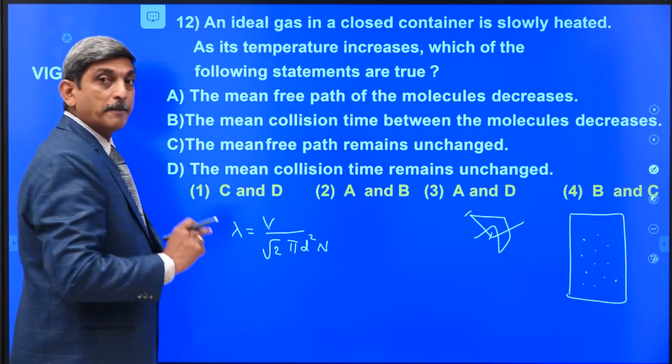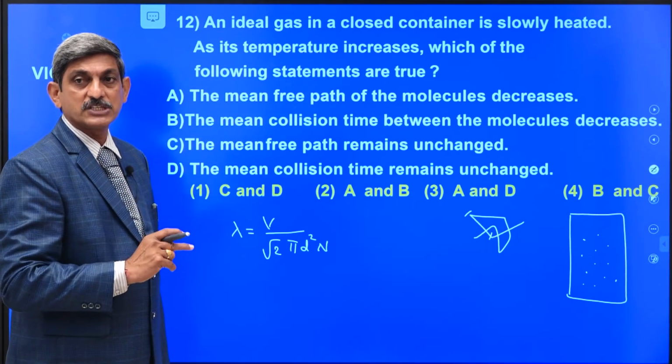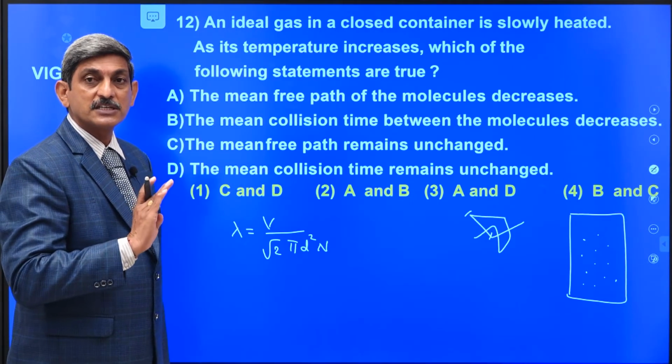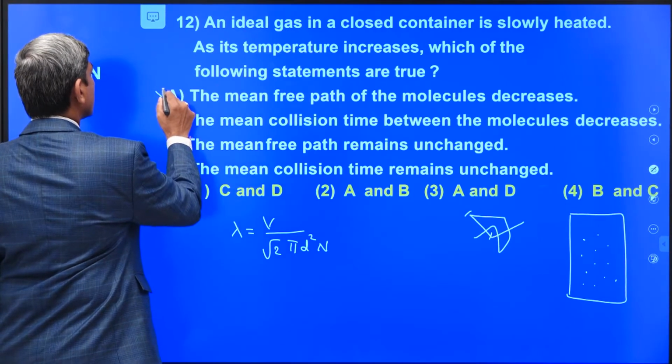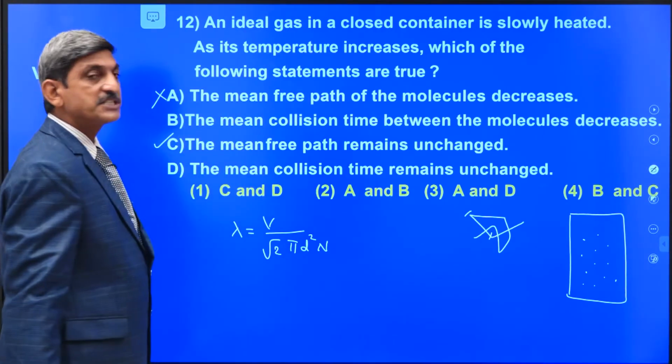So this mean free path is independent of the temperature. That's why even though the temperature is rising slowly, the mean free path does not change. So 'the mean free path decreases' is the wrong statement, and 'the mean free path remains unchanged' is the right statement.